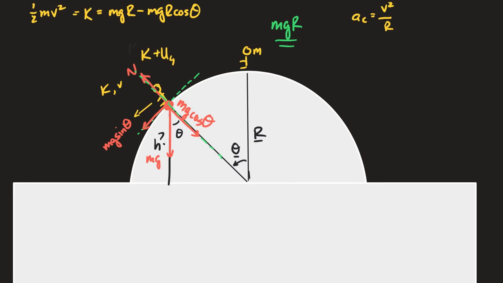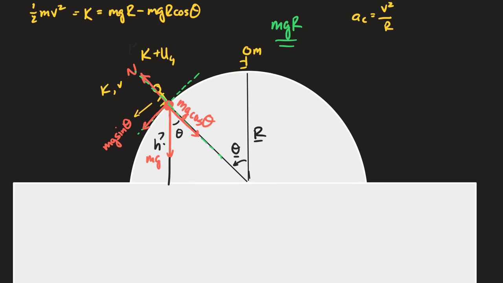Remember, we've talked about this a little bit, but if conservation of energy suggests that we're using work to convert potential energy into kinetic, then there has to be a force that causes that. The force that's causing that is mg sine theta. That's what's doing the work to change the object's velocity.